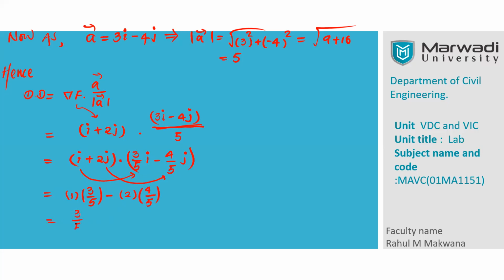So this is simply 3 upon 5 minus 8 upon 5. 3 minus 8 is minus 5 upon 5, and that is minus 1.